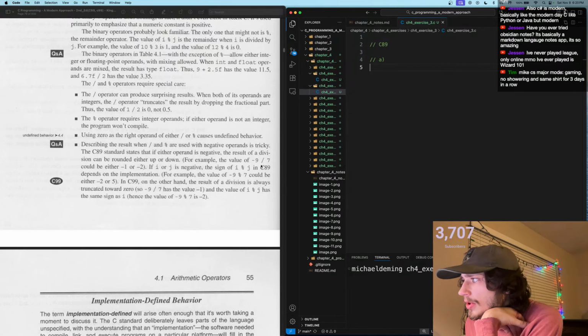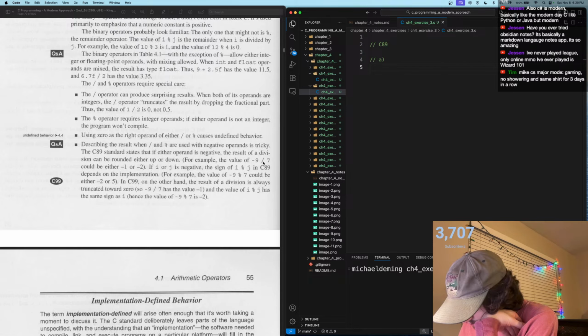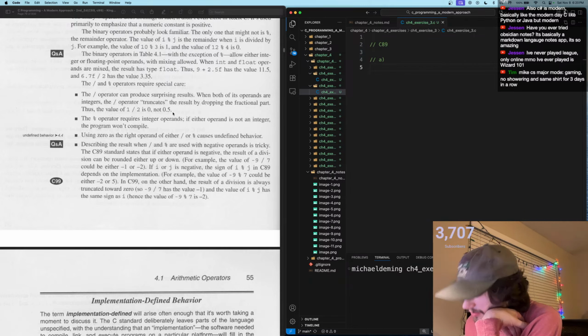So this would give you either or. So it'd be truncated down, right? And be either rounded up or down. If I or j is negative, the sign of the modulo in C89 depends on the implementation.